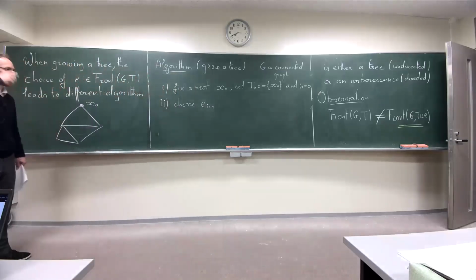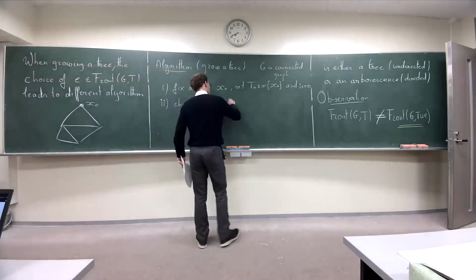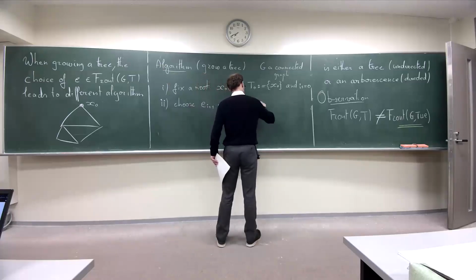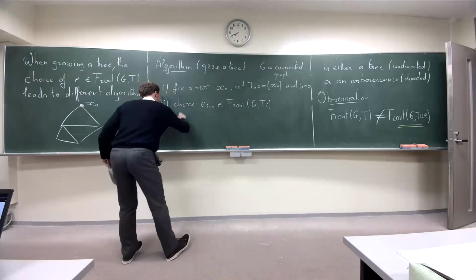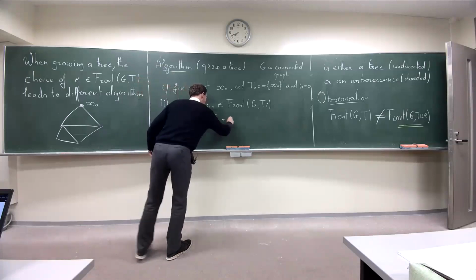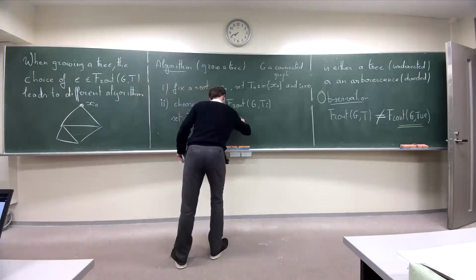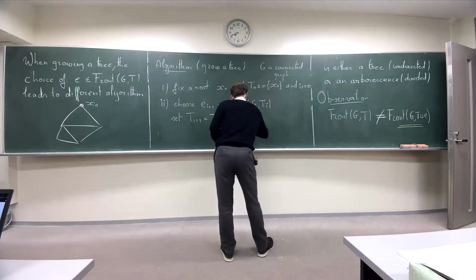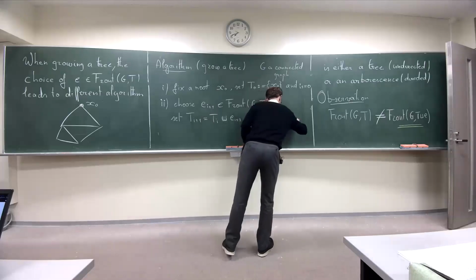It's going to be recursive, so that's why I put I. Choose E I plus 1 inside the set front of GTI, set T I plus 1 to be T I union E I plus 1, and set I equal to I plus 1.